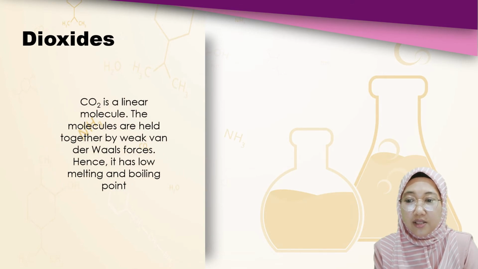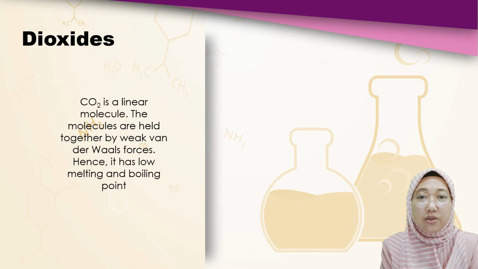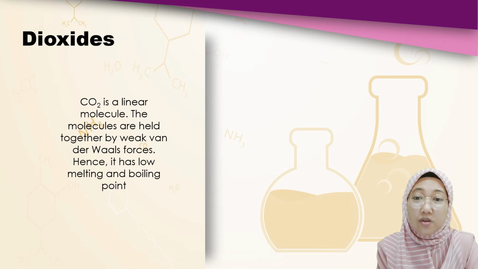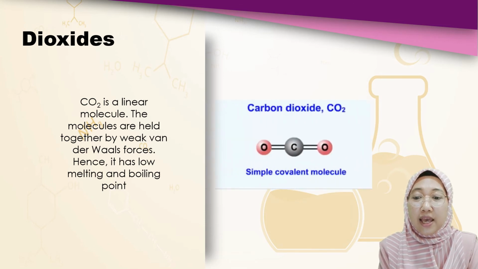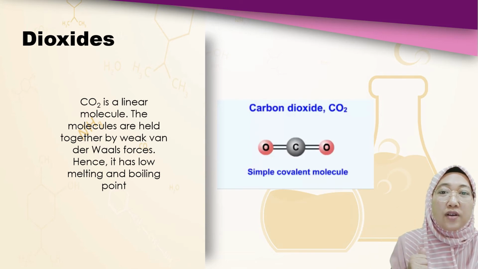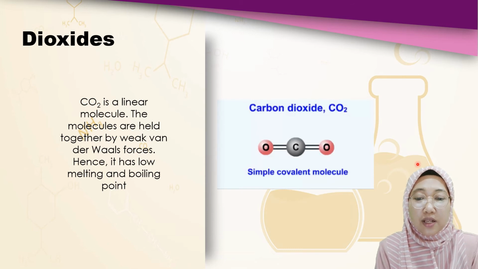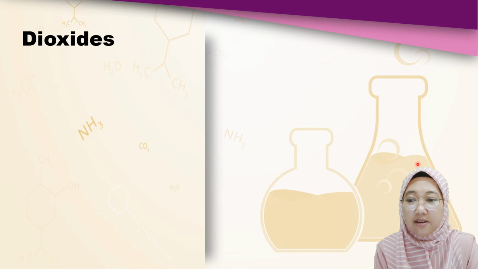Okay, dioxides. Carbon dioxide is a linear molecule. The molecules are held together by weak van der Waals forces. Hence, it has low melting and boiling point. So, this is the structure of carbon dioxide gas. Okay, simple covalent molecule. Okay, the shape is linear.